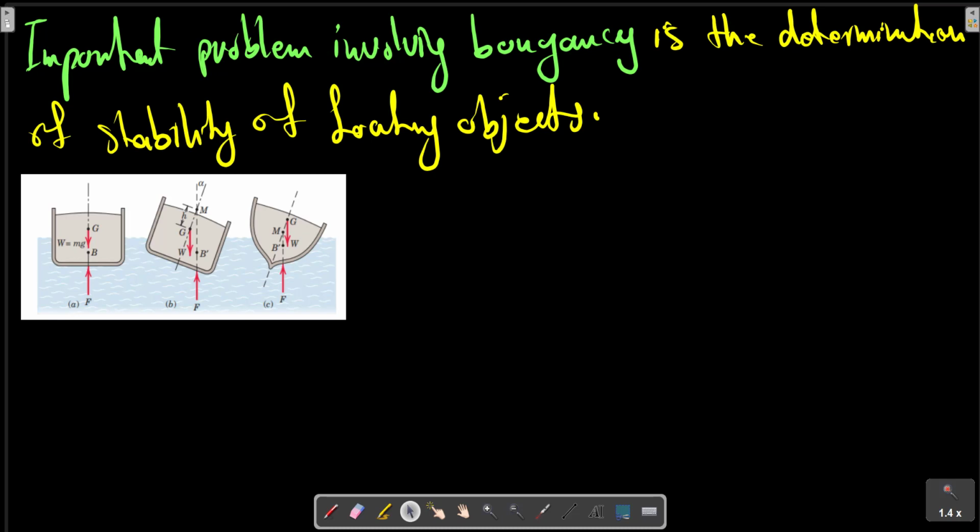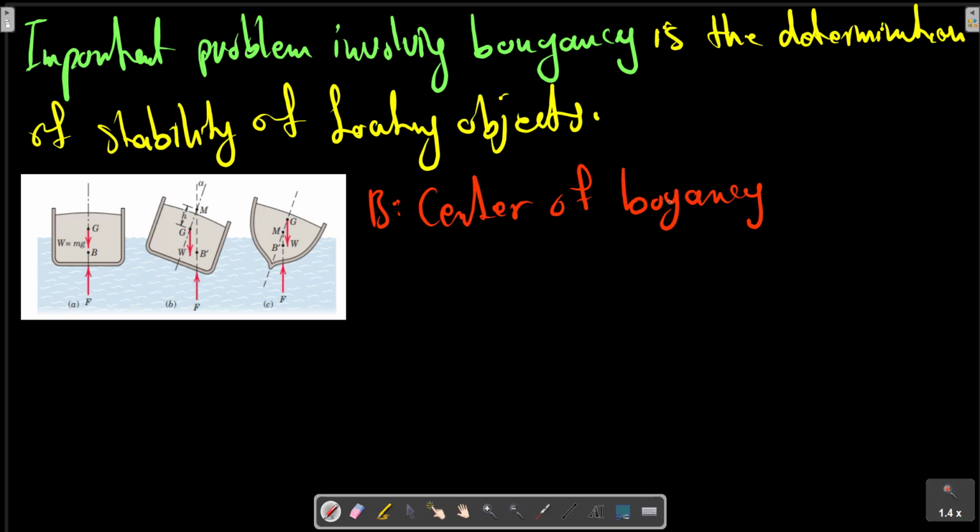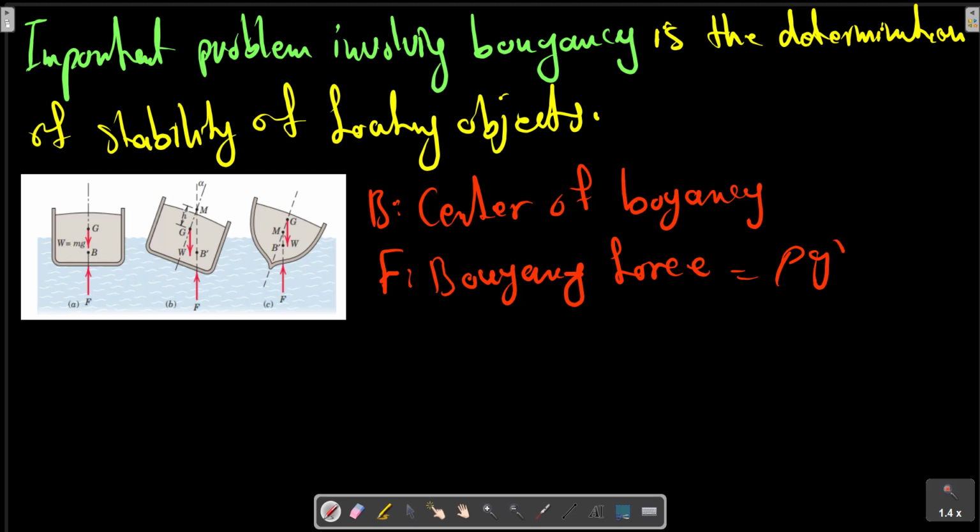The resultant of the force exerted on the hull by the water pressure is the buoyancy force F, which passes through B. F, buoyancy force, equals rho g v.